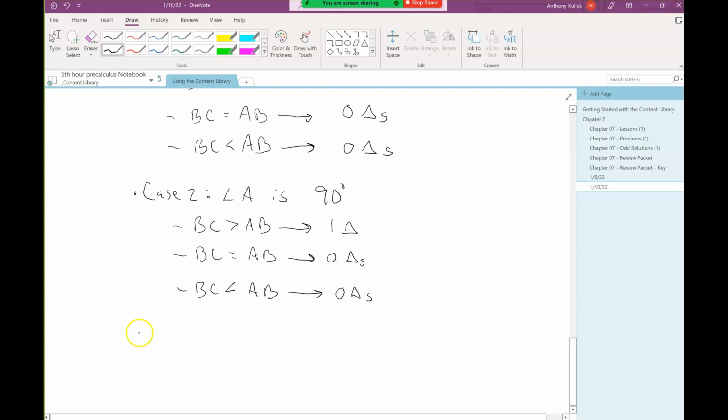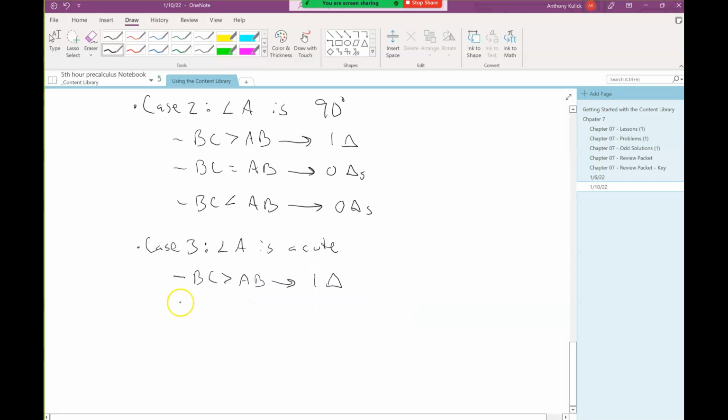Well, the tricky part here is when angle A is acute. So when BC is bigger than AB, that's good. Only one way to make a triangle there. When BC is equal to AB, that's good.